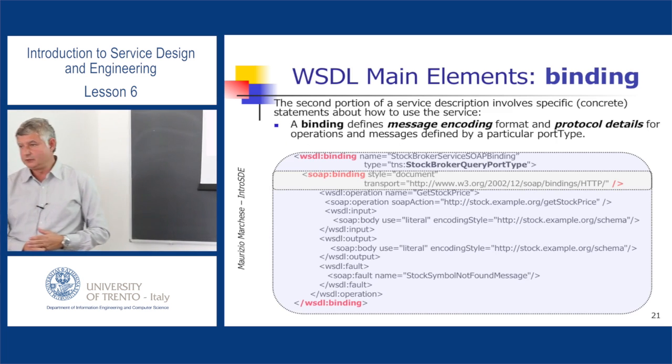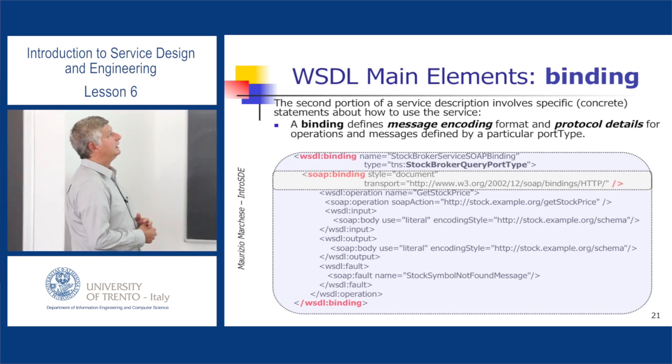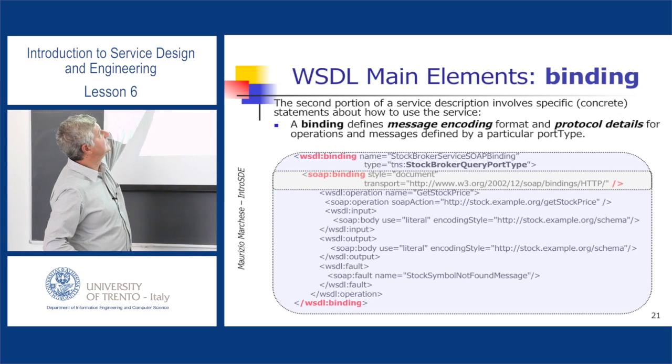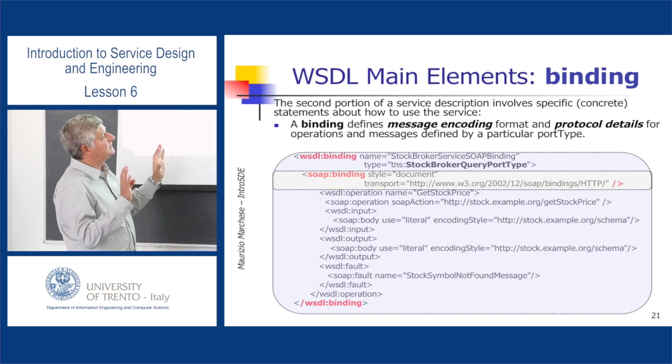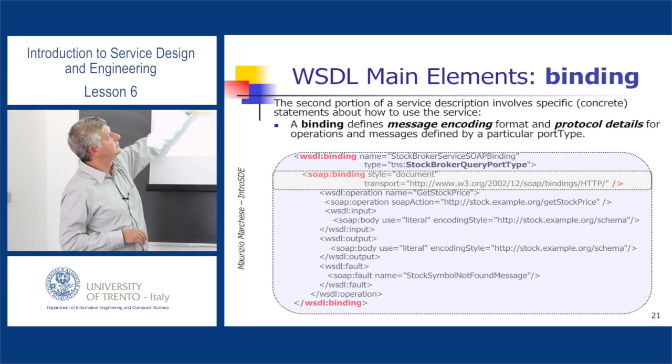So here is an example, again, of our running example. The binding is that we say that we are going to bind all these things on this particular name, so it's just the name. And then you start to have more information.